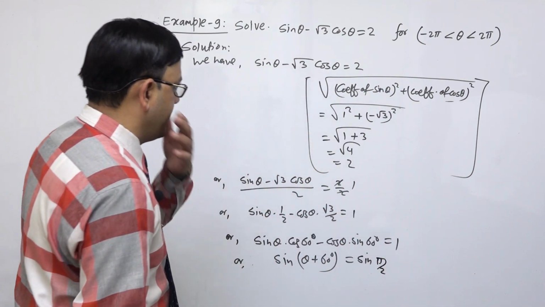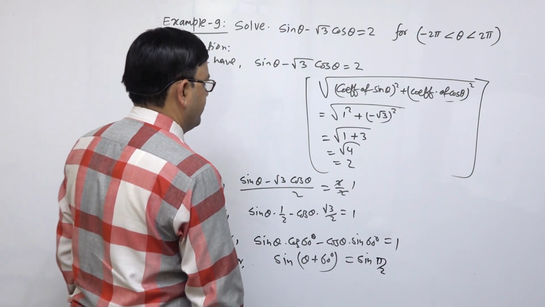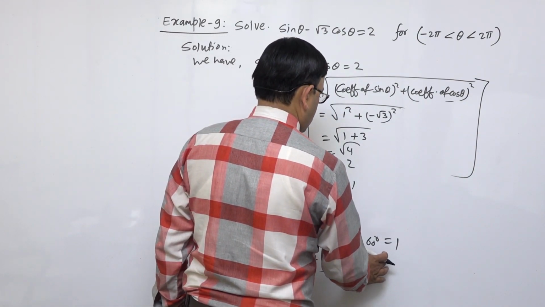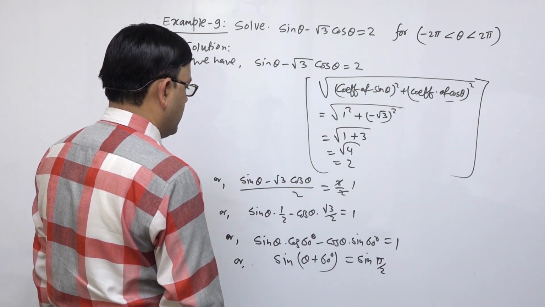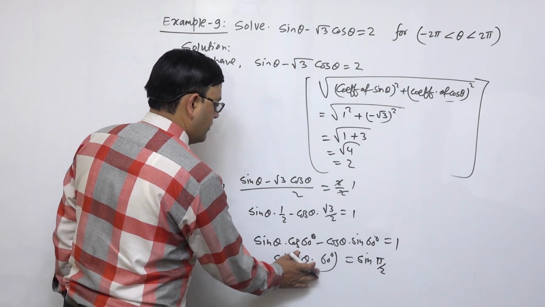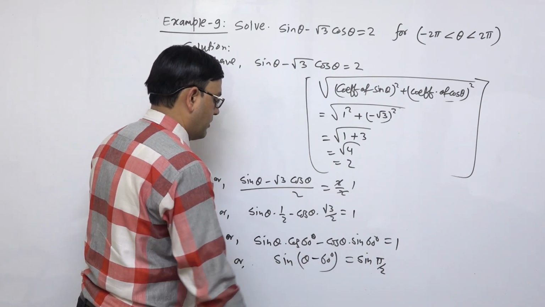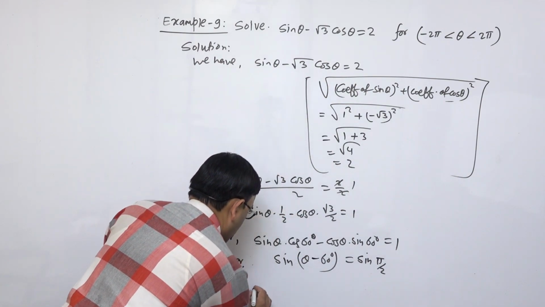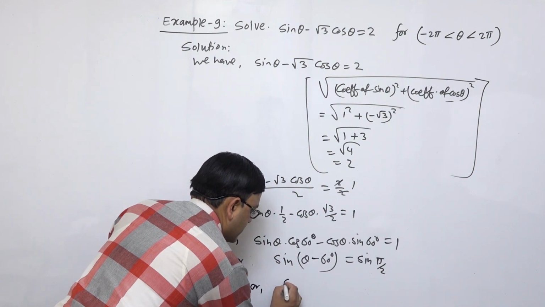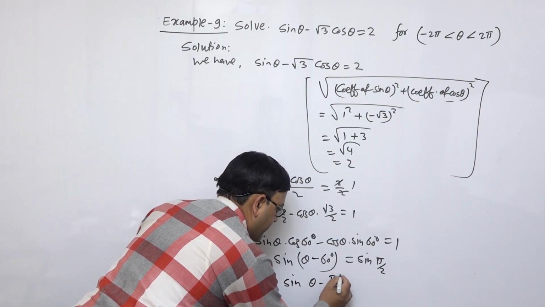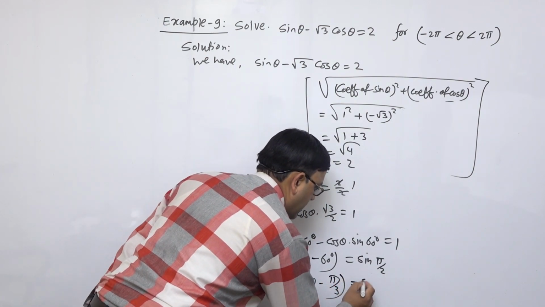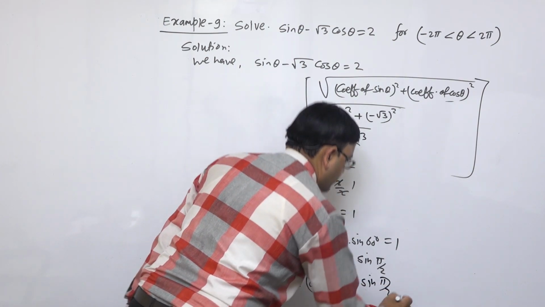The value of sine 90 degrees is 1. So this one is pi by 2. Therefore we can write sine theta minus 60 degrees, pi by 3, is equal to sine pi by 2.